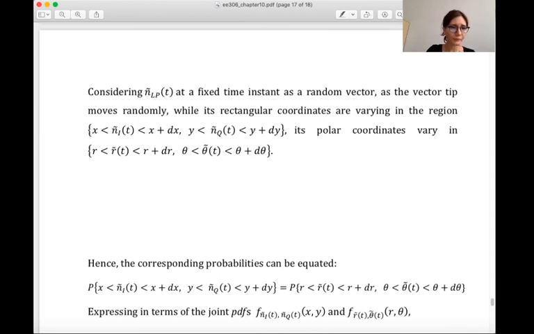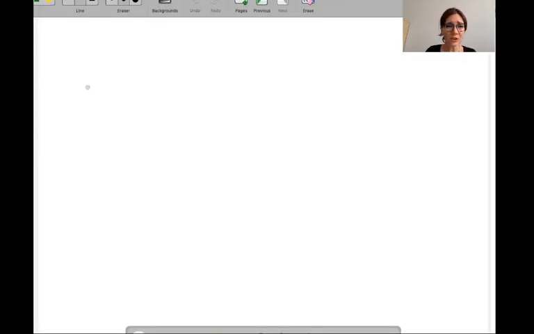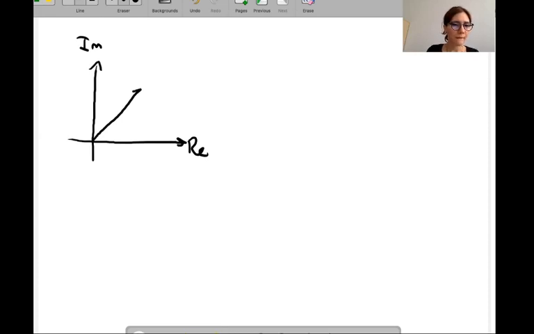So let's geometrically visualize our low-pass equivalent random process NLP of t. Let's visualize it in the complex plane. It has a real part, and it has an imaginary part. So we can visualize it as a vector. Let's draw some vector. This is the NLP of t.